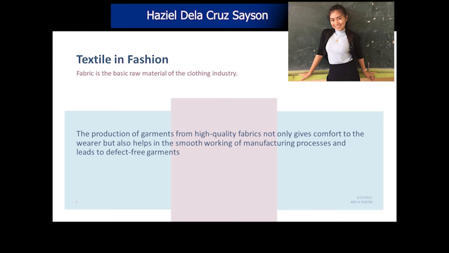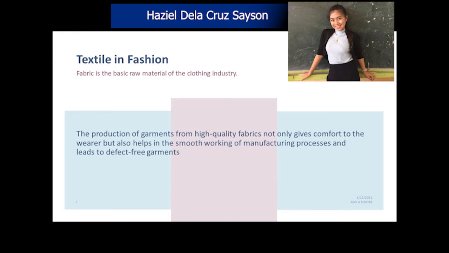Fabric is the basic raw material of the clothing industry. Since the word cloth, it has been an essential part of us being human, since we need our body to be covered to give warmth and to protect it.